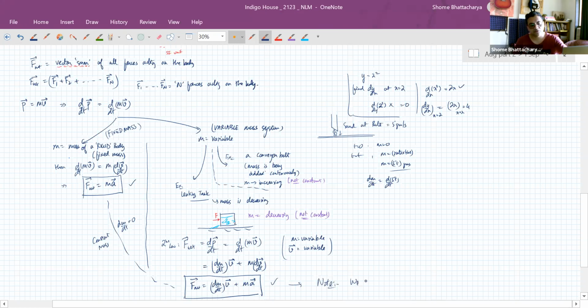We will learn this, we will apply this rather, in a later chapter called system of particles. Whereas this is what we'll be applying right now. This will be applied in Newton's laws of motion chapter.